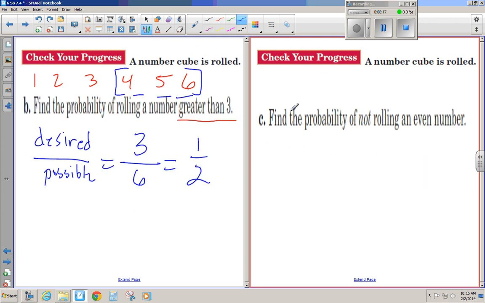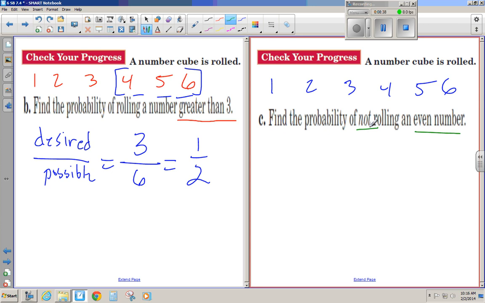Find the probability of not rolling an even number. Well, numbers are 1, 2, 3, 4, 5, and 6. We're looking for not an even number. So not an even number is an odd number. So we can do this one of 2 ways.